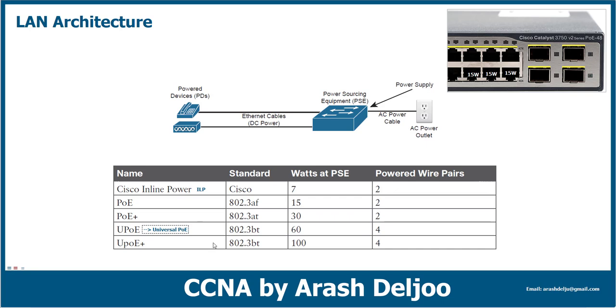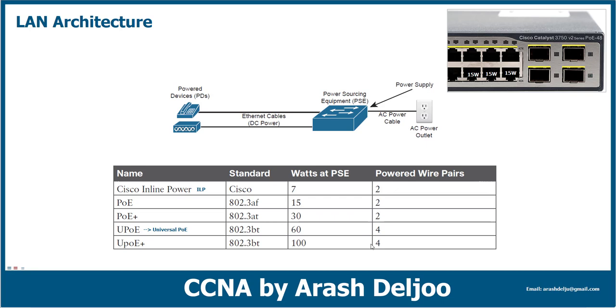And finally, the newest technology is UPoE Plus, or Universal PoE Plus, 802.3bt, which can supply up to 100 watts on each interface. Both UPoE and UPoE Plus supply power over all 4 pairs. We don't have any problem supplying power and data simultaneously on one link.